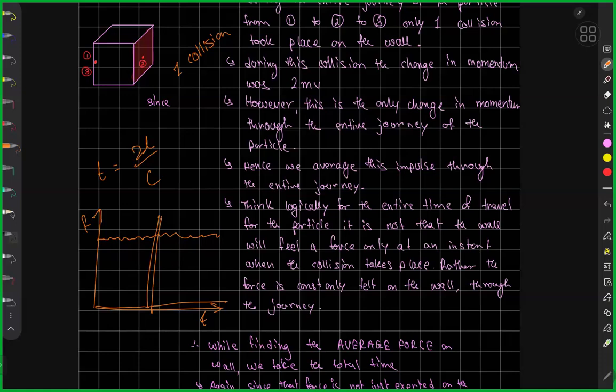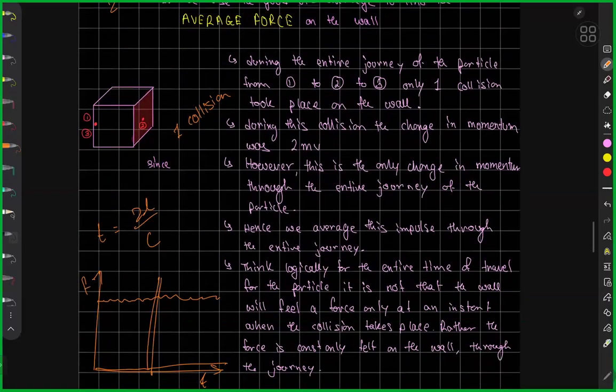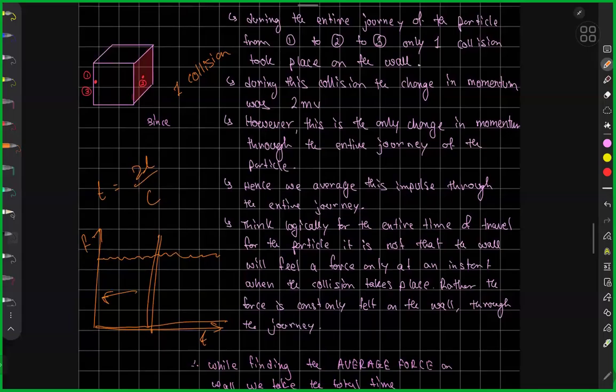But why is it that when I do this derivation, and I have the particle colliding with the wall, only when the collision takes place there's a force applied? The rest of the time, there is no force. Is this possible?